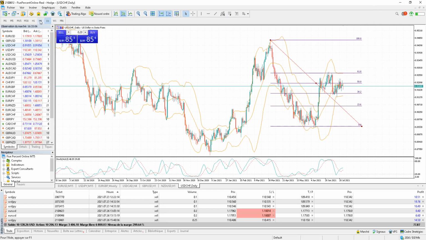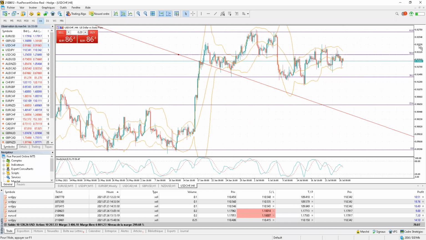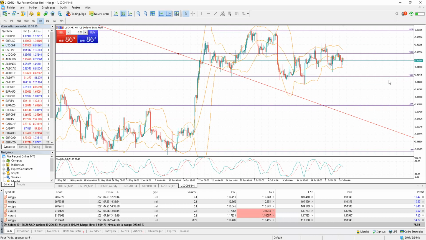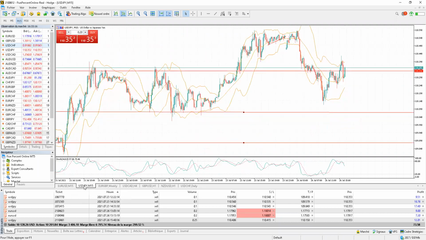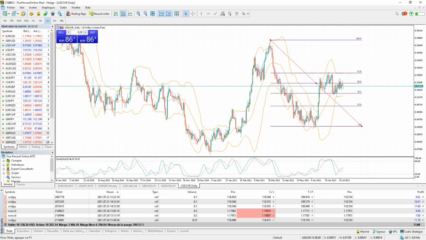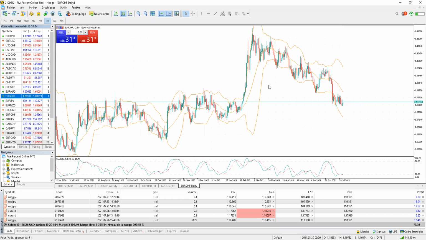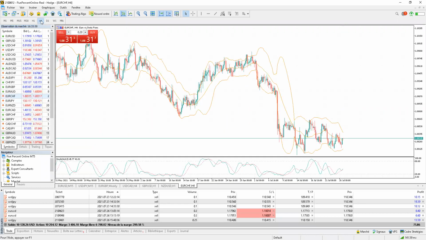I don't know, there are so many opportunities on the swing trade here. Maybe I think on the USDJPY there is something to do. Just check that also before. Still not much to do.